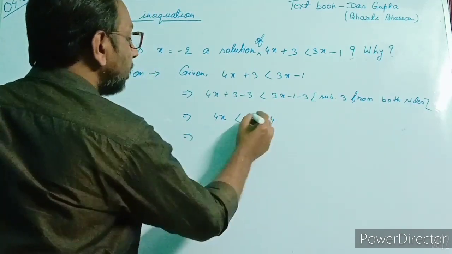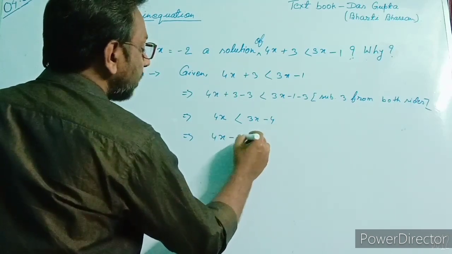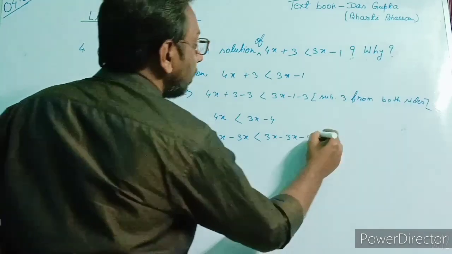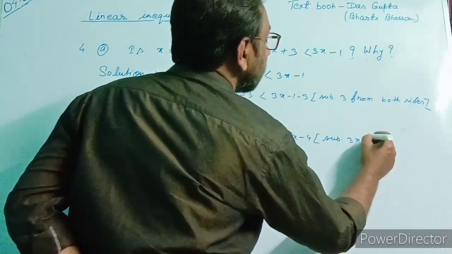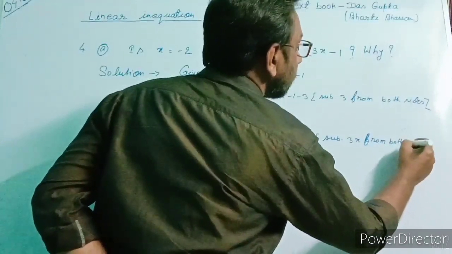In the next step, we will cancel this 3x by subtracting. So this side also we will subtract 3x, and that side we will also subtract 3x, subtracting 3x from both sides.